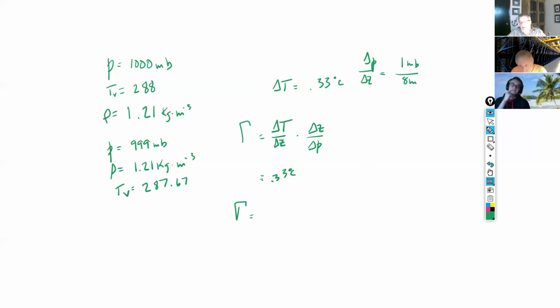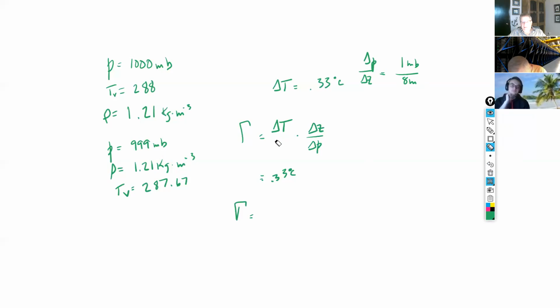If I multiply that, what do I get? Well, it's delta T over delta P, isn't it? Because we only changed by 1 millibar as well.